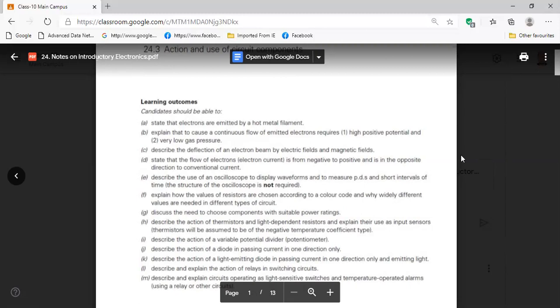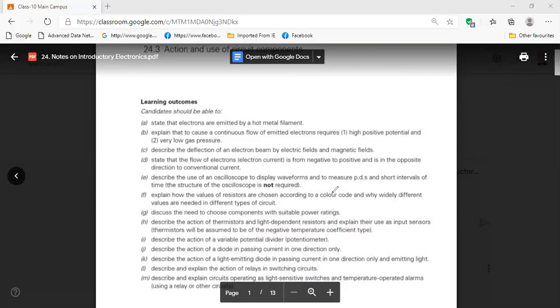Describe the use of an oscilloscope to display waveforms and to measure periods and short intervals of time. The structure of the oscilloscope is not required. Explain how the values of resistors are chosen according to a color code and why widely different values are needed in different types of circuit. Discuss the need to choose components with suitable power ratings.